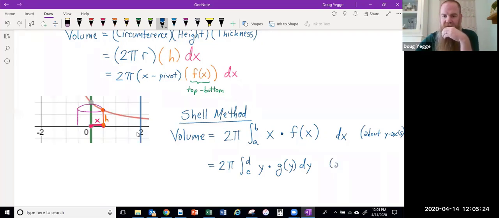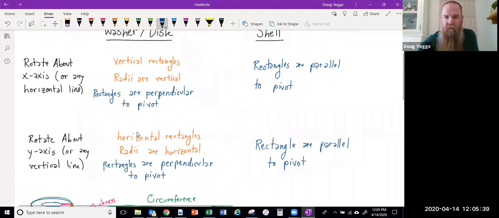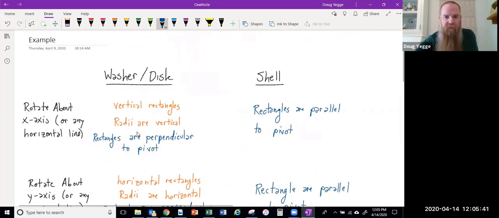And that would be about the x-axis. So what we've just done here is if I'm going around the y-axis, I'm doing dx, but if I'm going around the x-axis, I'm doing dy, and that brings us back up to the top and shows that there's one extra difference between the two, okay?